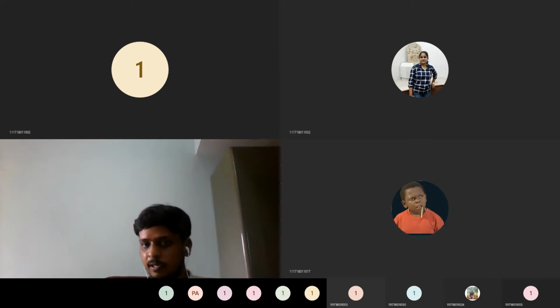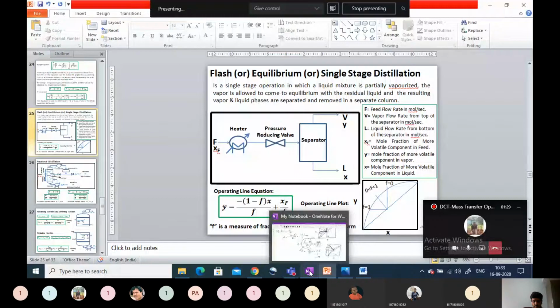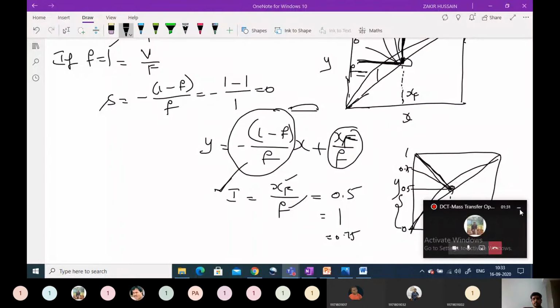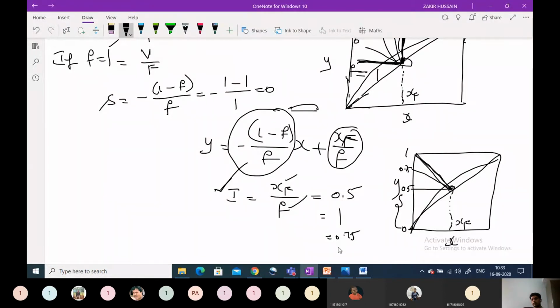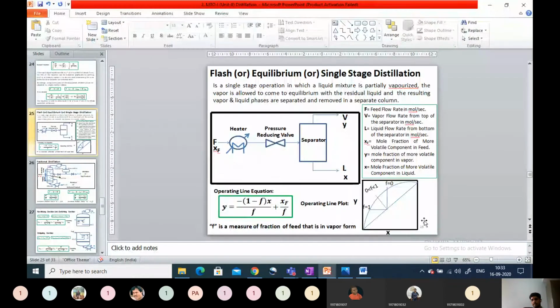So same one, same graph, the equilibrium graph. I have shown you here in the PPT. Sorry, I forgot to share. Same graph I have shown you in the PPT for ready reference.